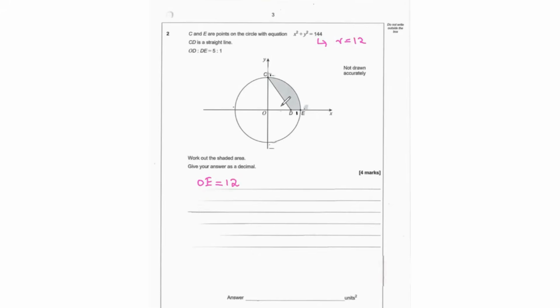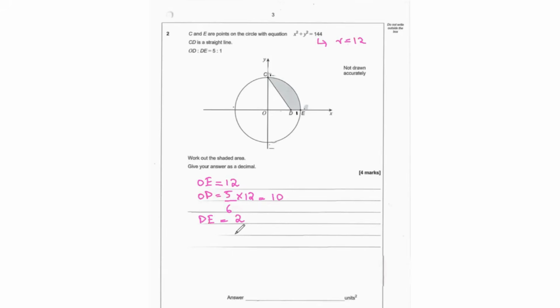Why? Because our origin is the center and E is on the circumference, which means OE is the radius. Now OD to DE is 5:1, which means OD is going to be 5 over 6 times 12, which is 10, and DE is going to be 2.